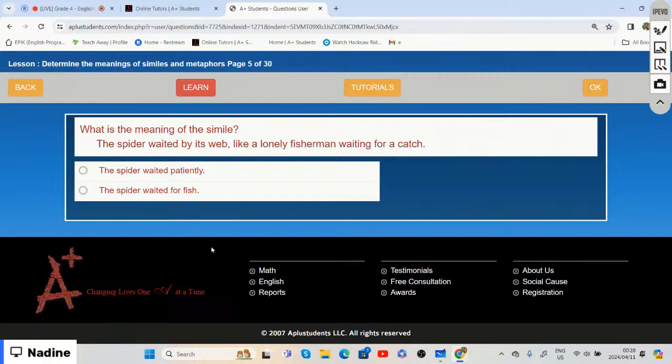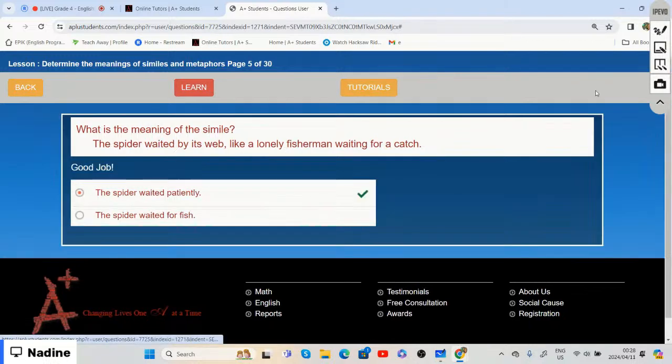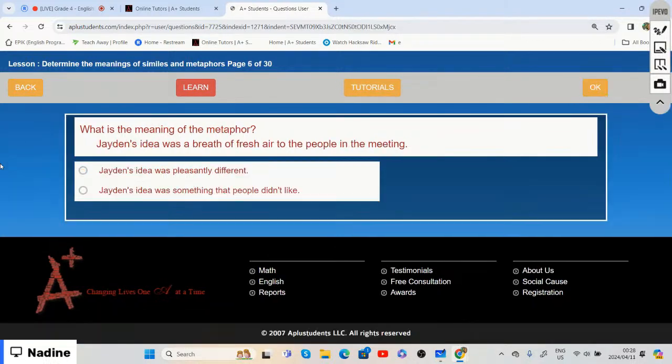If we choose the correct one, we will choose the first one, right? Because the spider had to wait, and then we can say that he is waiting patiently. And patiently is correct.